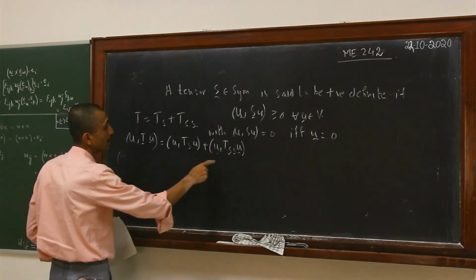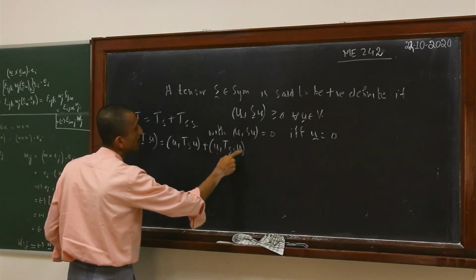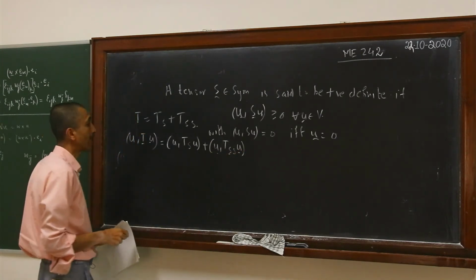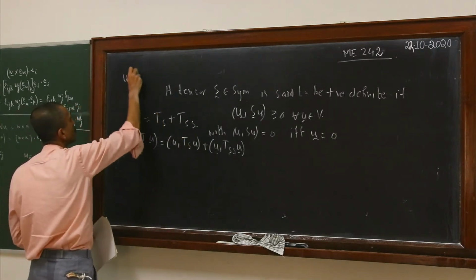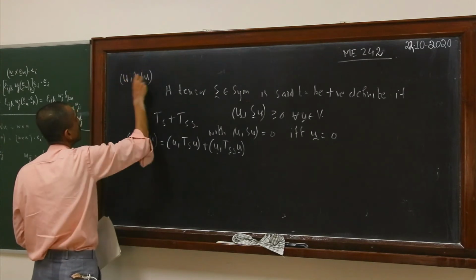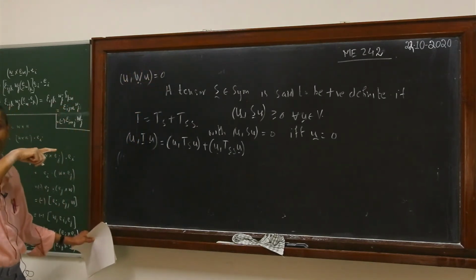Now you will see that ⟨U, T_skew U⟩ is equal to 0, which we have shown for skew tensors. If you recall, I showed that ⟨U, WU⟩ is equal to 0 in one of the previous lectures, probably the last lecture.